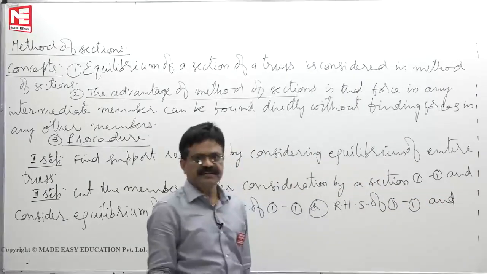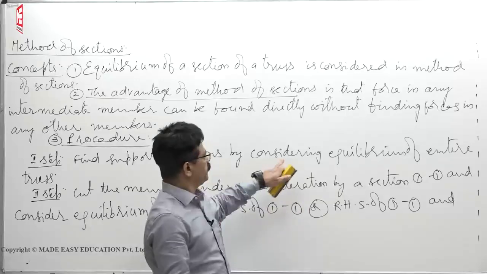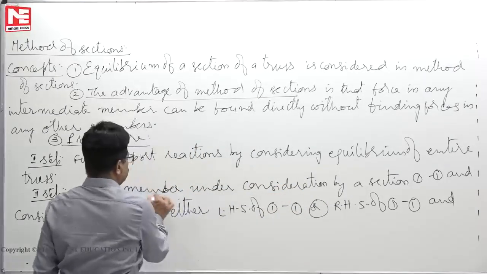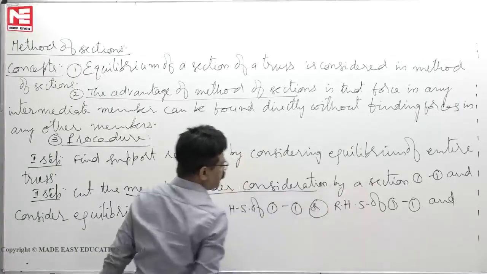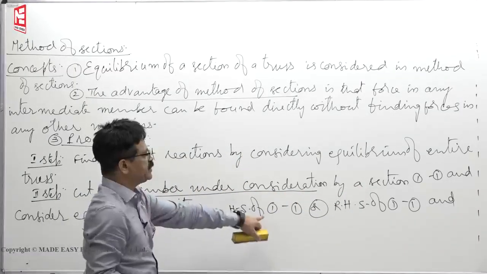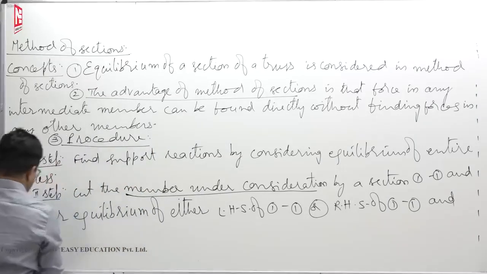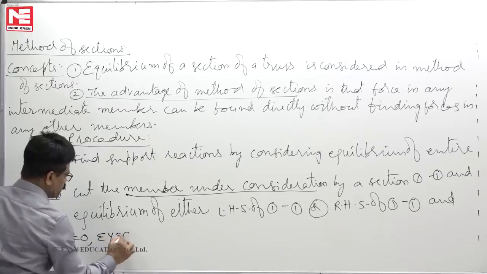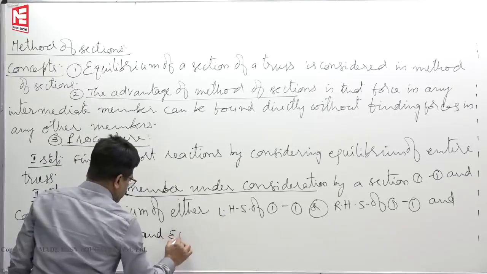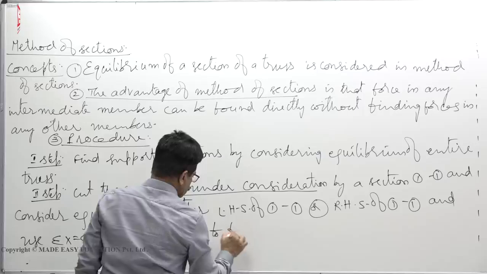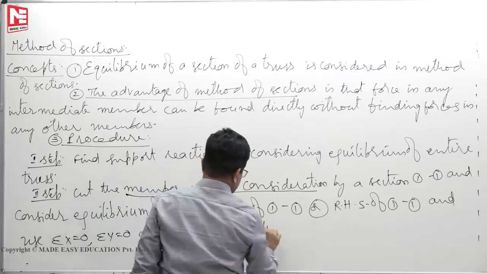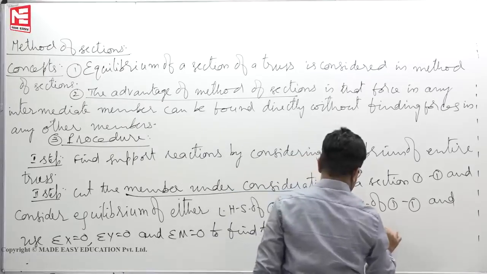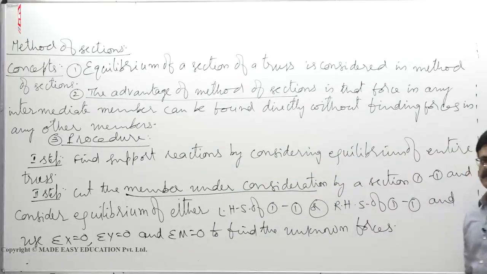Cut the truss such that your member is cut. Then use sigma x equal to 0, sigma y equal to 0 and sigma m equal to 0 to find the unknown forces. This is the process.